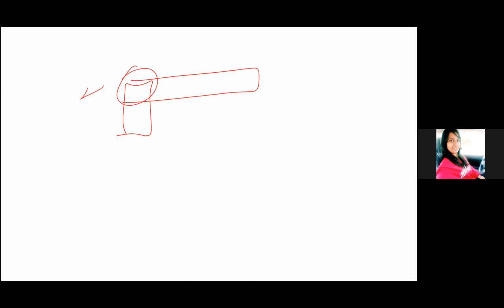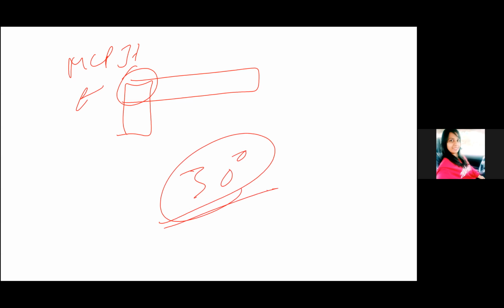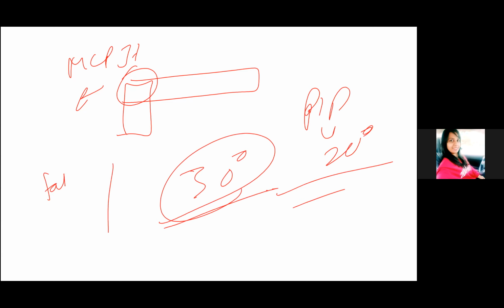This is the MCP joint. There can be flexion of 30 degrees. If there is 30 degree flexion, and at the PIP there is 20 degree flexion or tabletop deformity is there, then you can do the surgery.